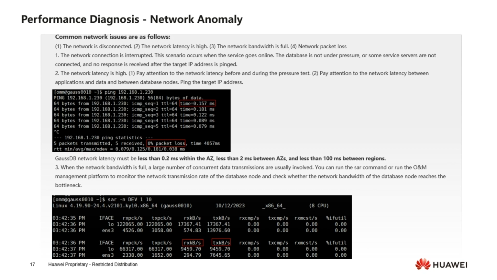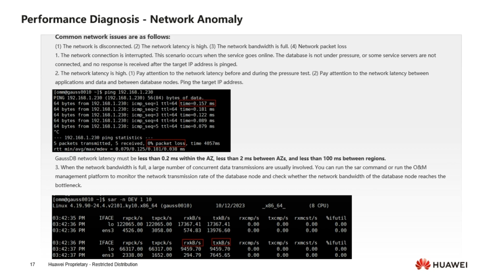The next topic is about network autonomy. In most cases, network problems are about disconnection, high latency, or full bandwidth. Disconnection is quite normal when we just deploy a new application and haven't got the configuration correct. In that case, we will see that there's no workload on the database at all.